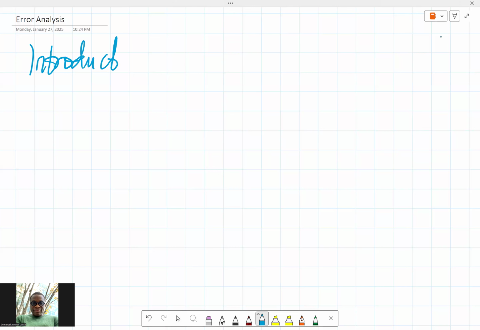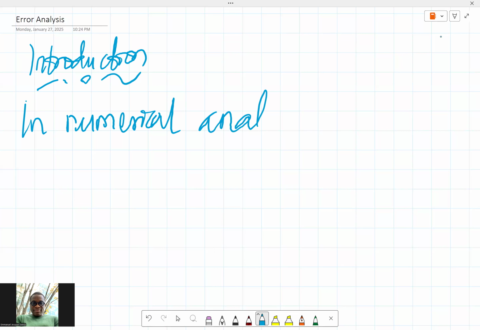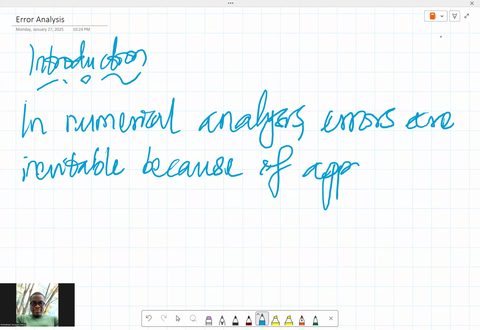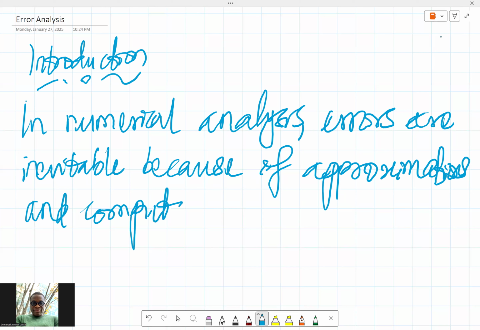In numerical analysis, errors are inevitable because we are only approximating, because of approximations and computational limitations.